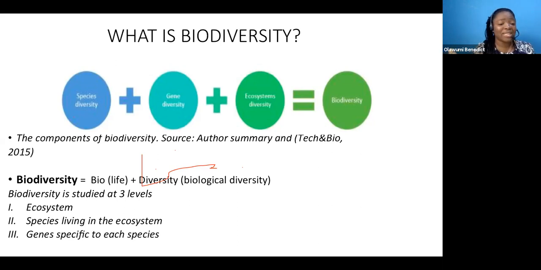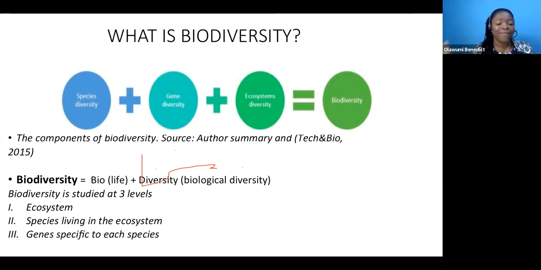If you explain it this way, you have explained all the different definitions that people put together out there. And then recently someone came with a definition, and in his own definition, he proposed that diversity is all forms of life.